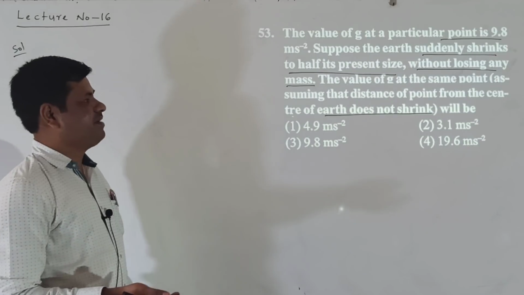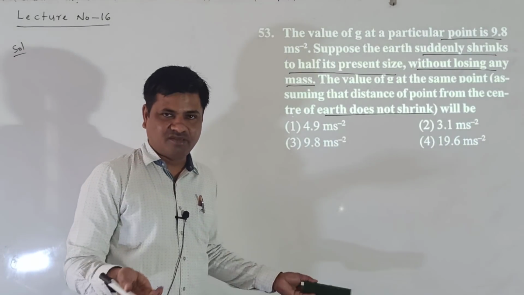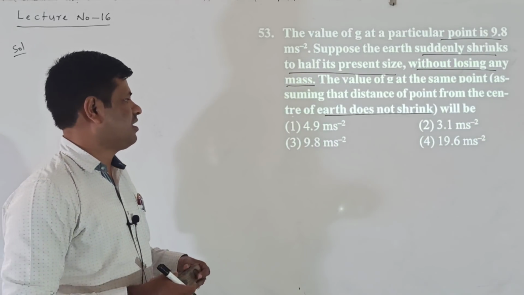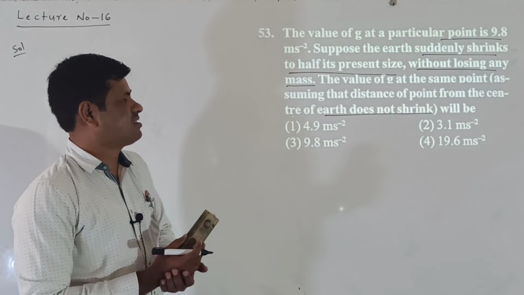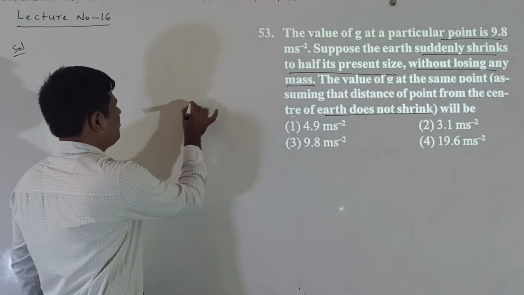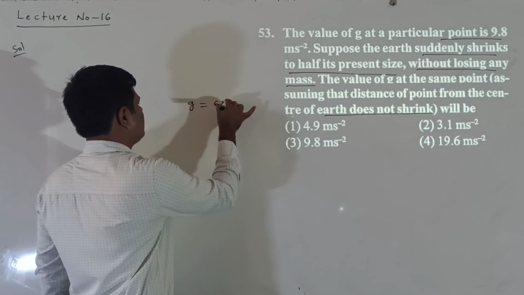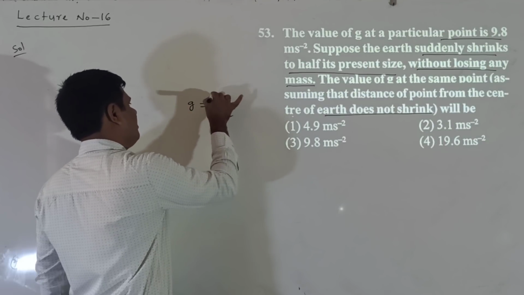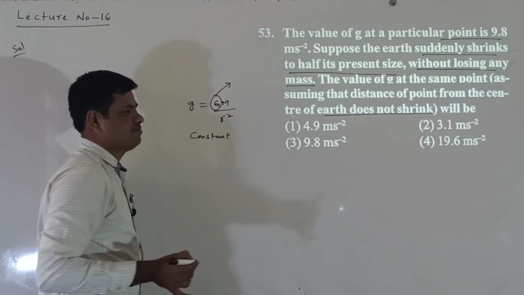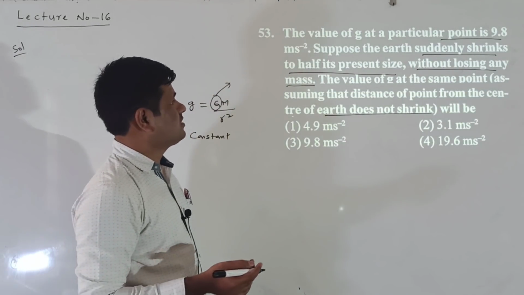Here mass cannot change, distance cannot change, means g value also cannot change, because when the mass changes or distance changes, g value can change, because g is equal to Gm by r square. This G value is constant, it cannot change. Here what is given?